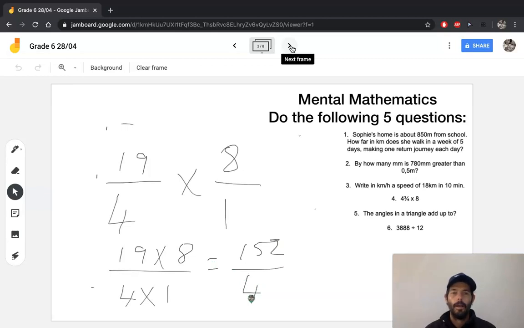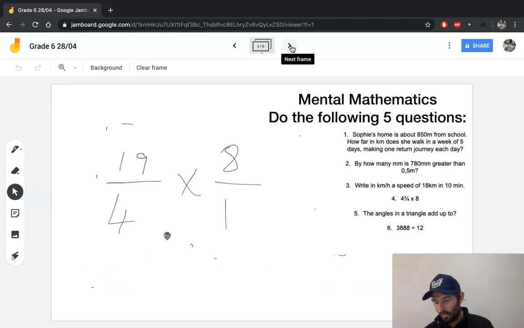And then I can work it out by halving. Half of 152 is 76 over 2, and then 76 divided by 2 is going to give you 38. So 4 3/4 times 8 is 38. Alternatively, we could have already simplified in the question.